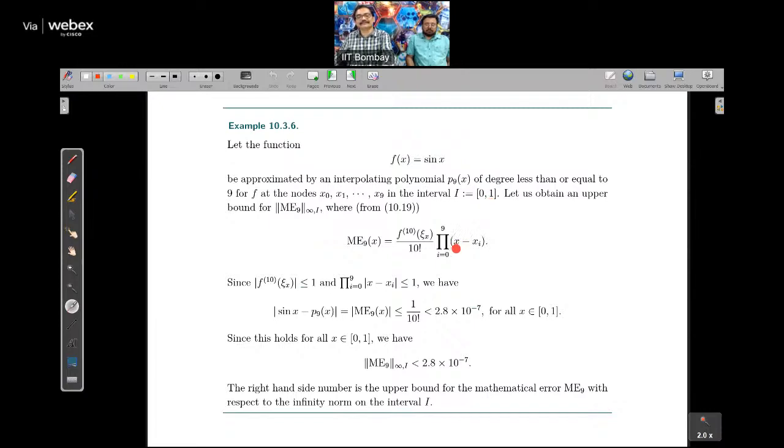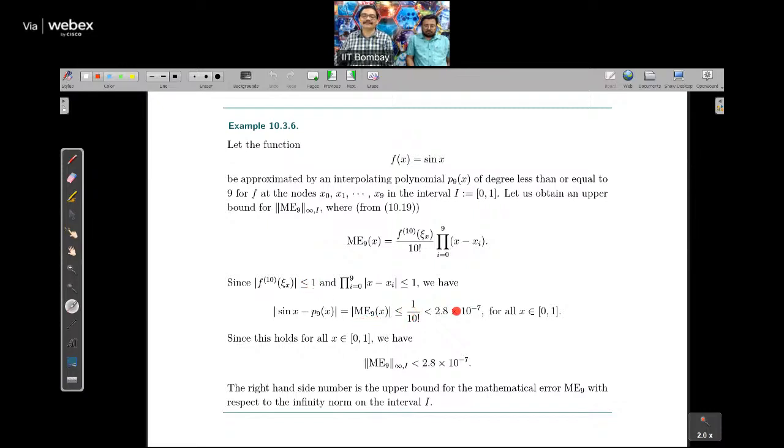Therefore x, which is coming from the interval 0 to 1, and all these xi's are also coming from the interval 0 to 1. Therefore, modulus of x minus xi will be surely less than 1. So if you use that clever idea, you can bound the absolute value of this polynomial by 1. And then, of course, for the 10th derivative of the sine function, you know how to bound it; the worst bound that you can find is 1.